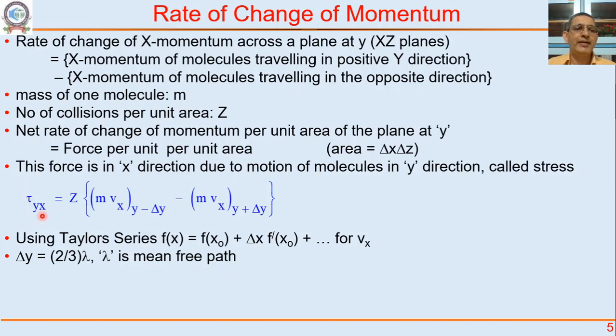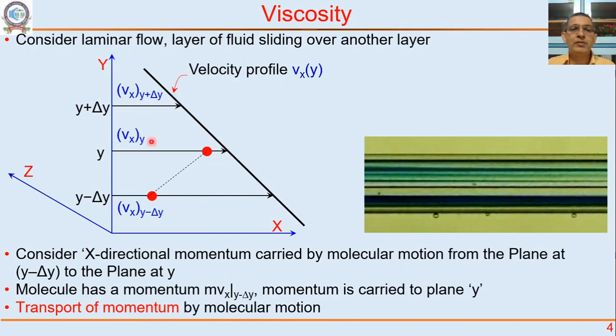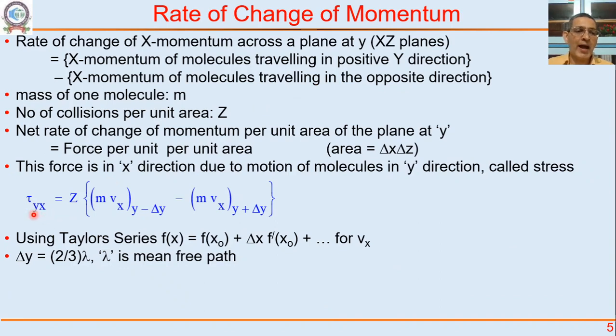Another way of saying it is, this is the momentum in the x direction, transferred because of the velocity gradient in the y direction, because vx is changing as a function of y. So this y denotes the direction in which vx varies, and this force is in the x direction, therefore we call this tau yx.